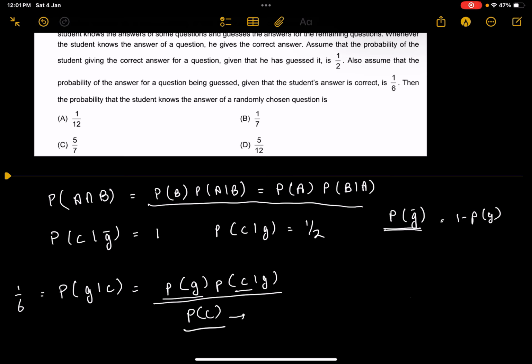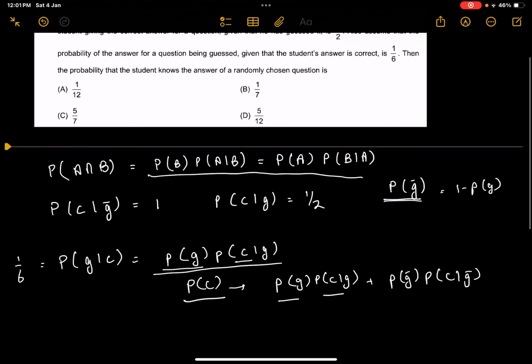The total probability of the question being correct is P(G) P(C given G), that given it was guessed, the probability of getting it correct, plus given that it was not guessed, into probability of getting it correct. This denominator is equal to this thing.